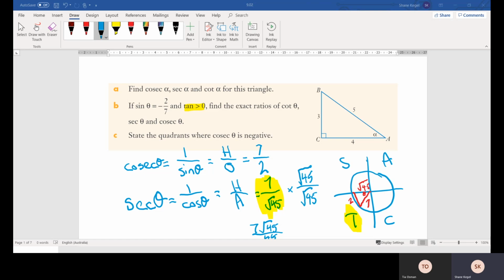Running out of space there. 9 times 5 gives me 45, so I can then bring that out. So I've got 7 root 9 root 5 on 45, which gives me 3. 7 times 3 gives 21.